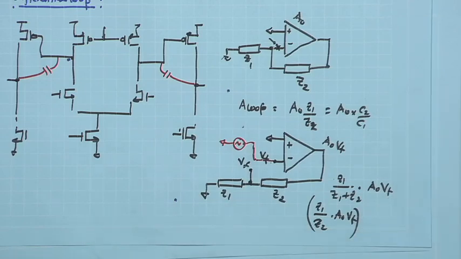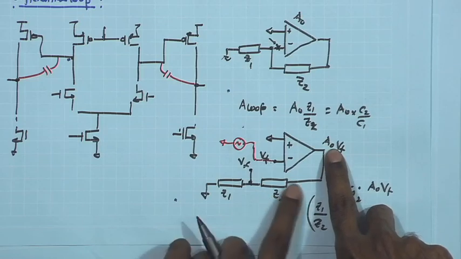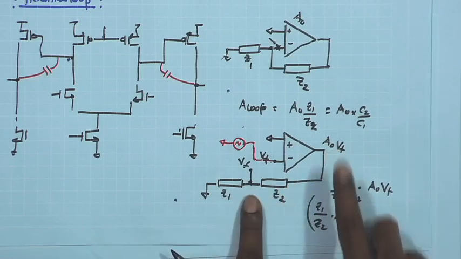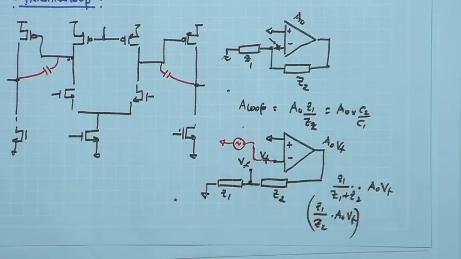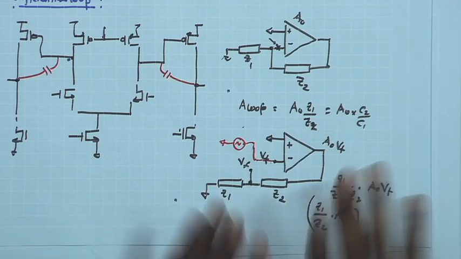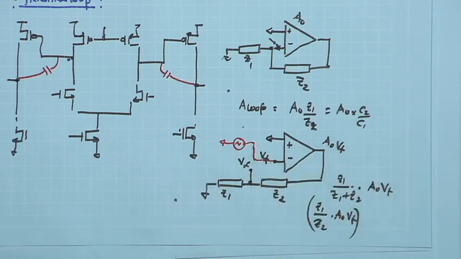And what we can see is definitely apart from A naught, you have this downscaling factor given by Z1 upon Z2, which is going to reduce my loop gain for the differential operation significantly as compared to the common mode case, and therefore, a reduced loop gain may automatically imply an improved stability for the differential operation.